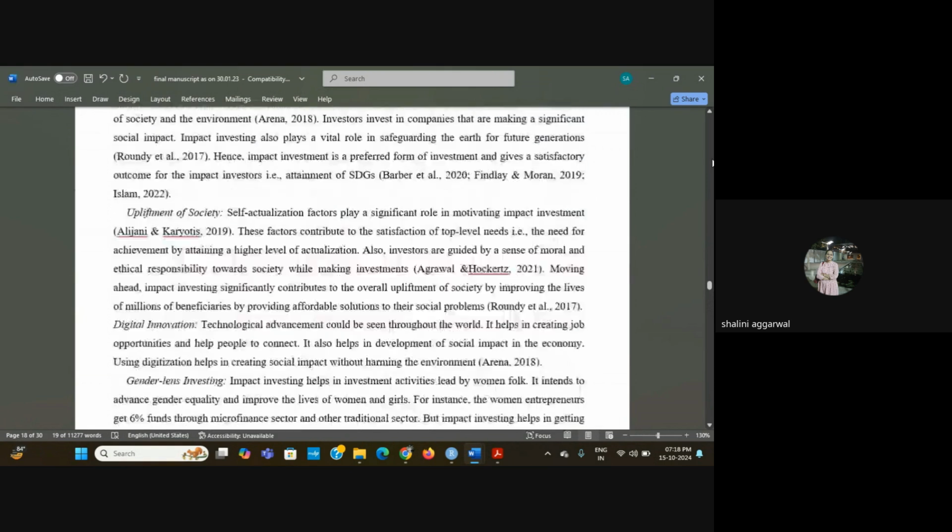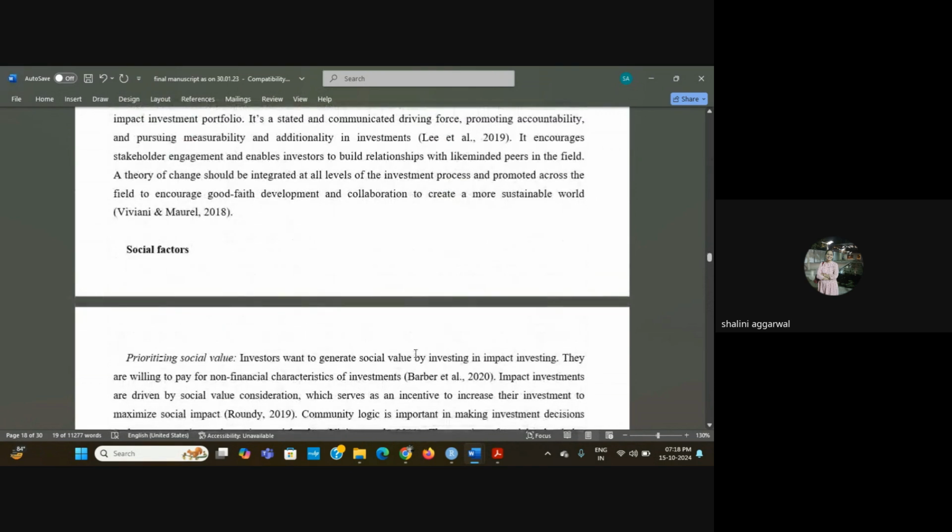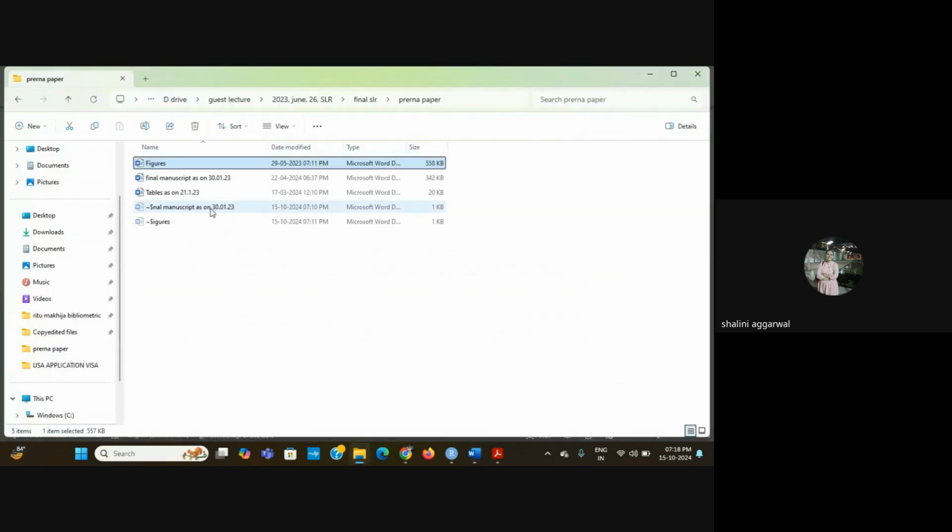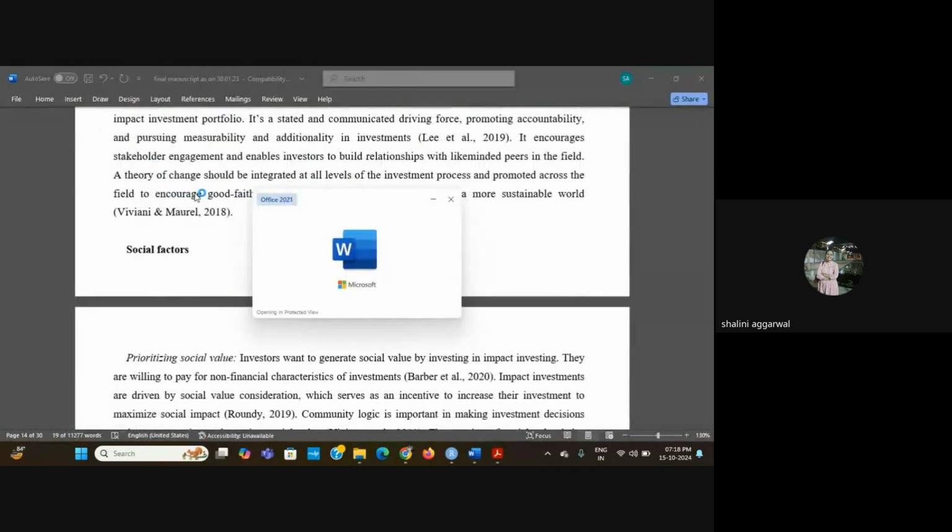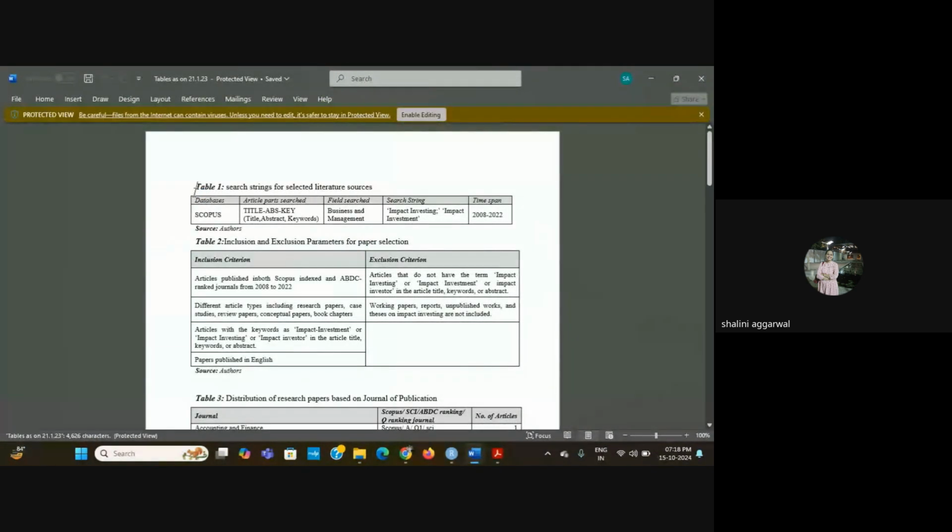This is one aspect. Also, let me show you this. I don't remember whether we have a table with respect to theory here.